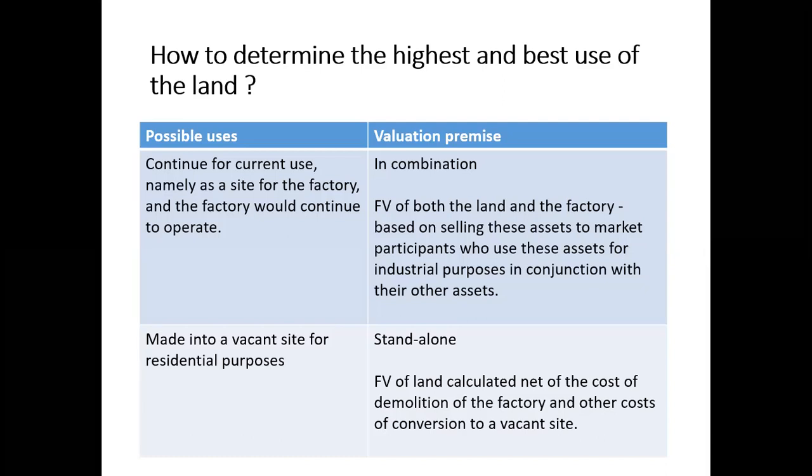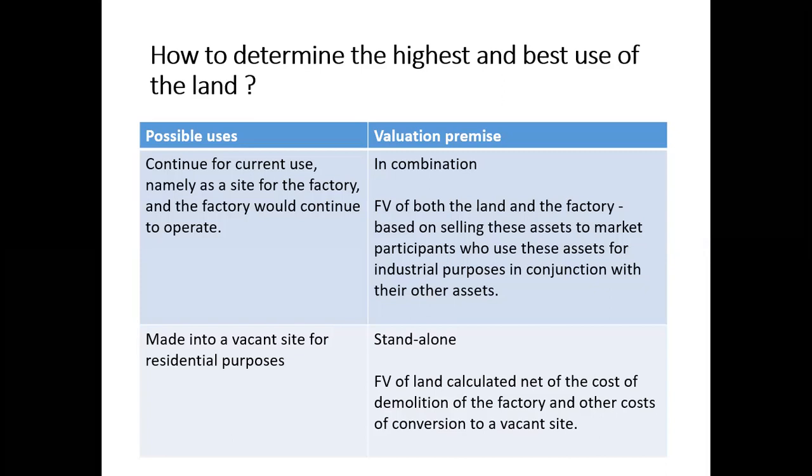Then again what you need to do is look for the alternative uses. It is all about how the market would perceive it. A segment of the market would perceive that this land can be used for agricultural purposes, so depending on that, they may bid a particular price.